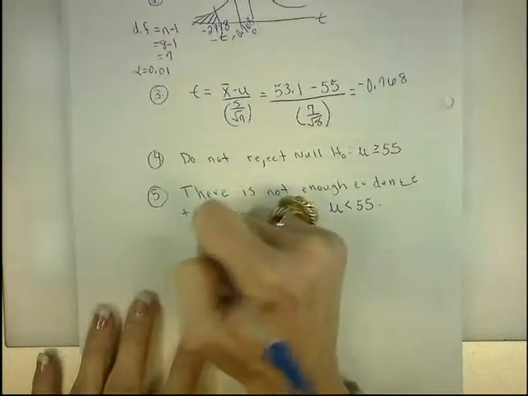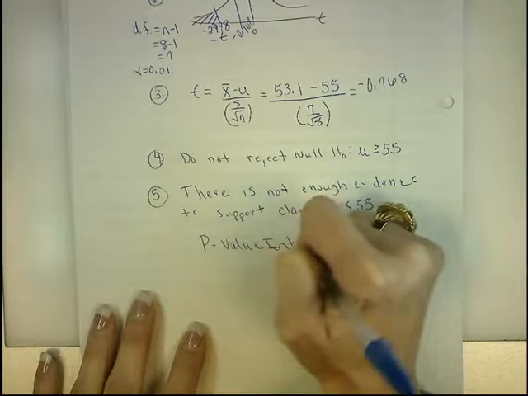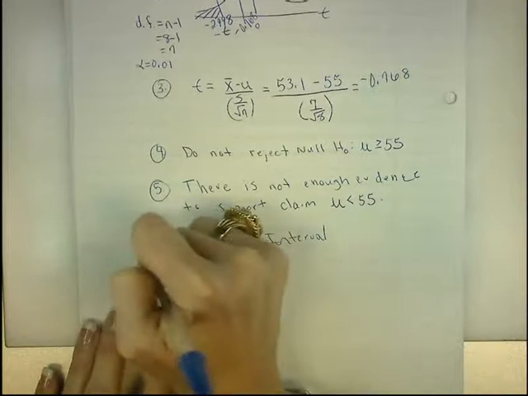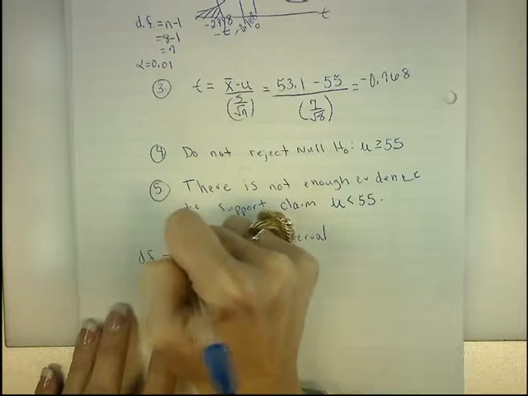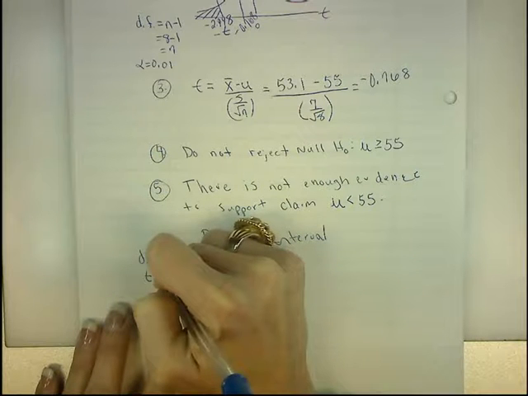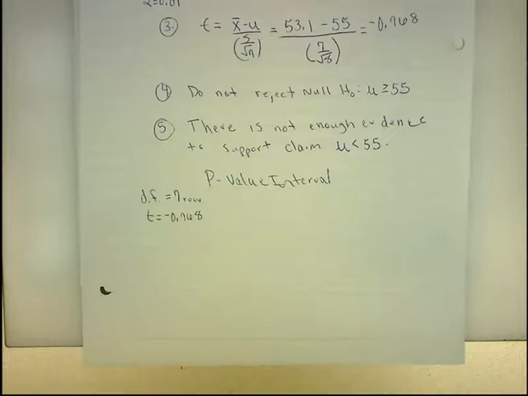Just so you know, if you find the p-value interval for this problem, because this is a t-test, you will block off row 7 and you will look across to find the absolute value of your test statistic, because our test statistic was a negative 0.768.